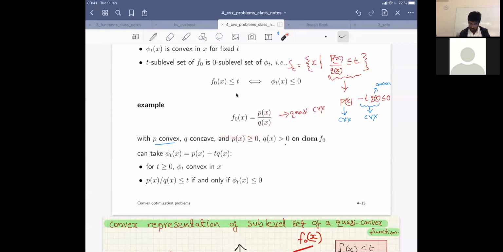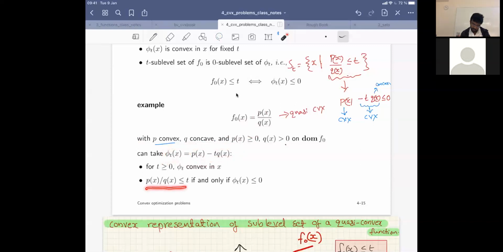Now we are constructing a family of convex functions to solve this with the bisection method. A very simple way to do this is to construct phi_t(x) equal to p(x) minus t q(x). This satisfies all our criteria.